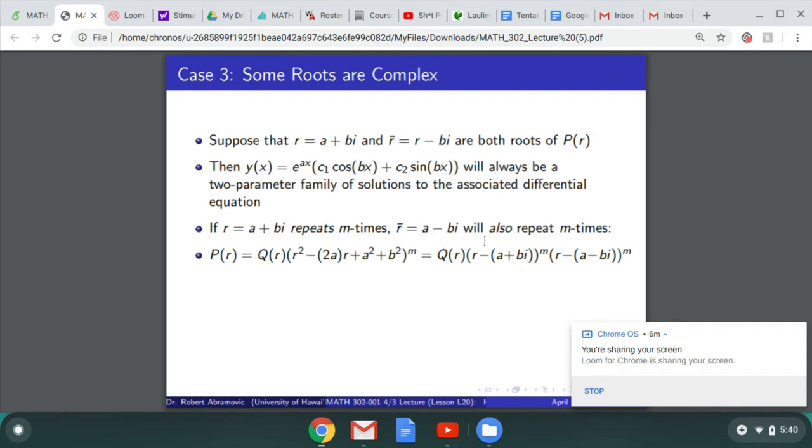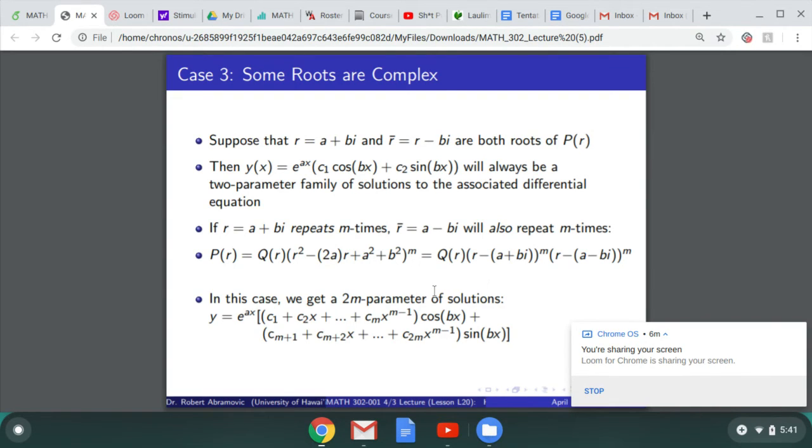If they both repeat m times, you can factor out some polynomial with real coefficients, q of r, that's going to have degree n minus 2m. And then what we're left with is r minus a plus bi, the complex root, to the mth power, times r minus a minus bi, its conjugate, to the mth power.